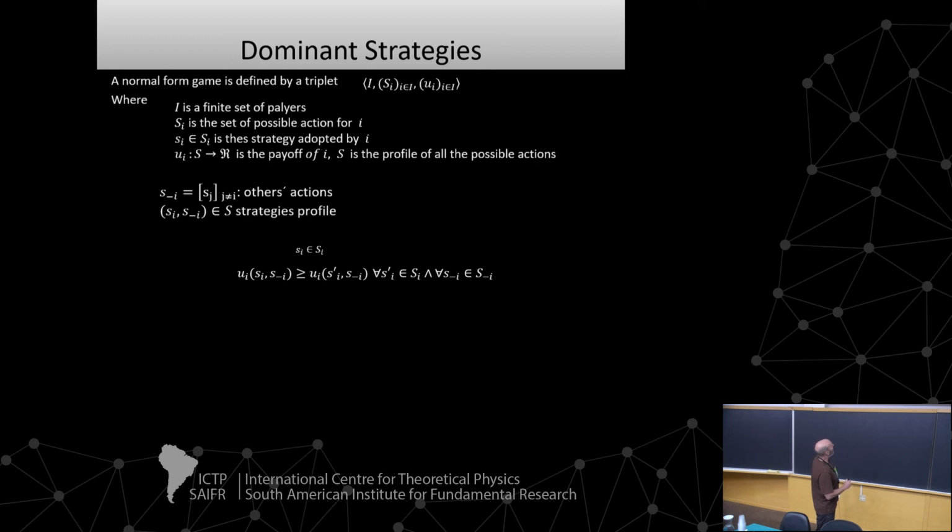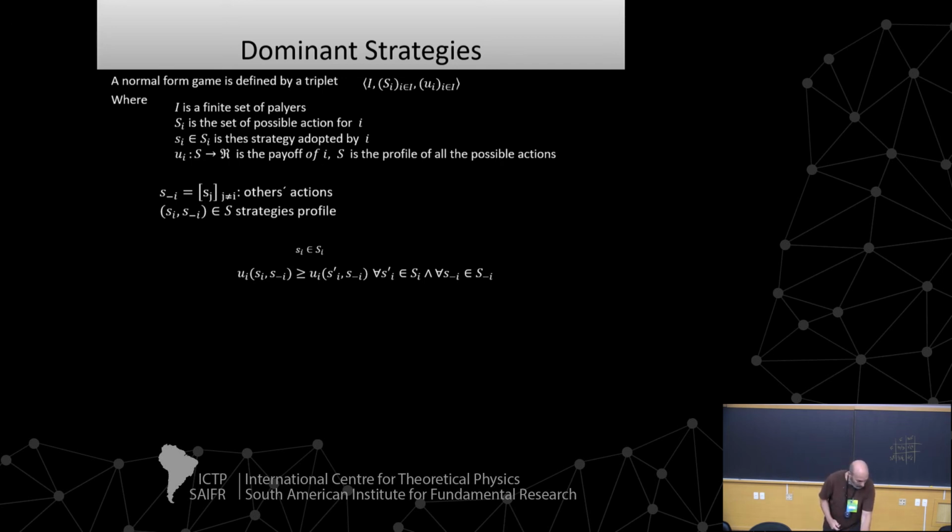That means that this is the best strategy that the individual i can choose from the set of all strategies available, okay? So this is what I call a dominant strategy, meaning that this is the best strategy I can adopt, taking into account that I will be confronting some individuals that will have a given set of strategies, okay?